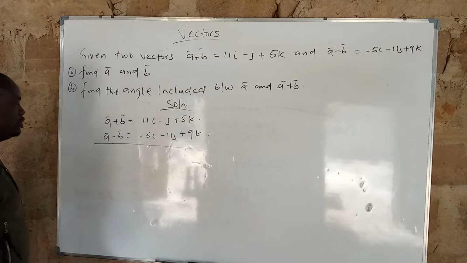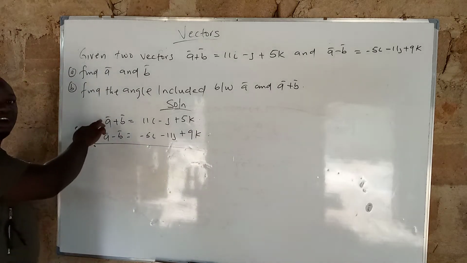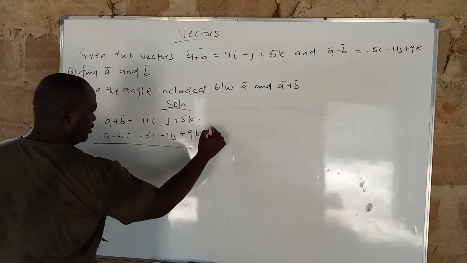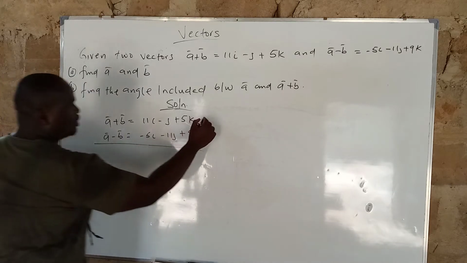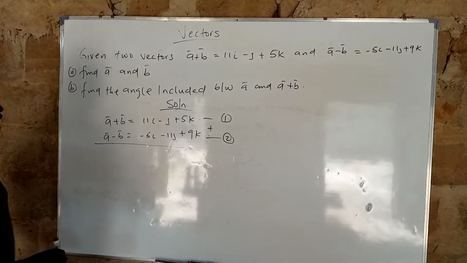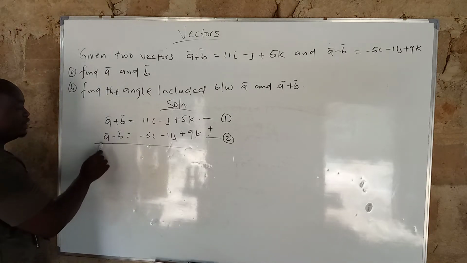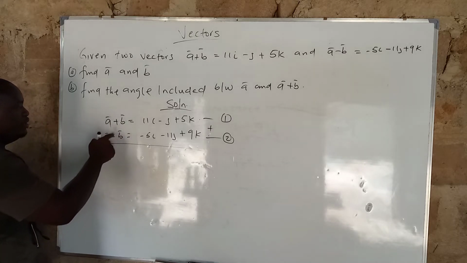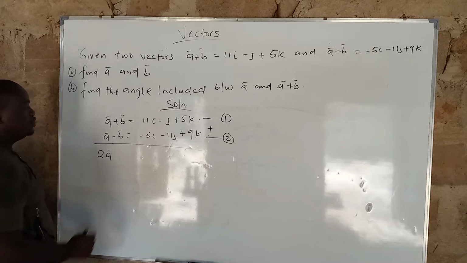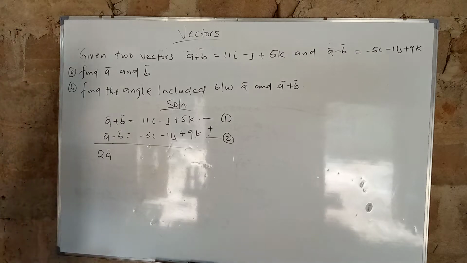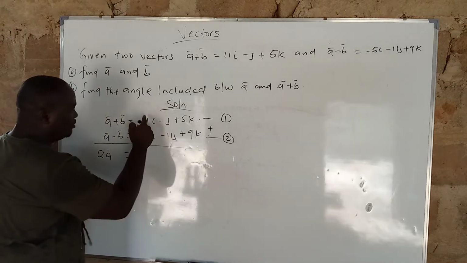The first thing I'm going to do is try to eliminate either A or B. If I add this one, let me call this one 2, if I add equation 1 and 2 together, you will see that A plus A will give you 2A. But B plus minus B, because plus times minus is still minus, will give you 0. So I've succeeded in eliminating B.